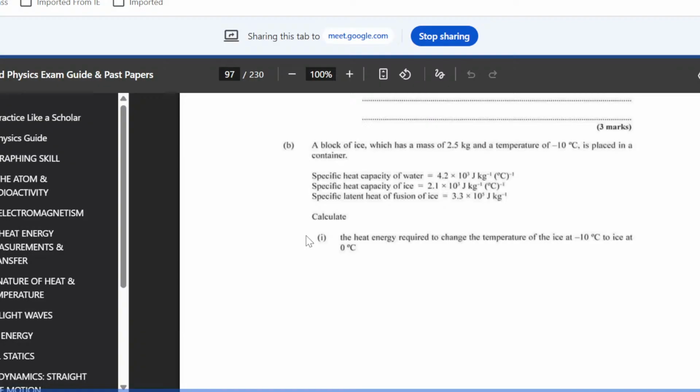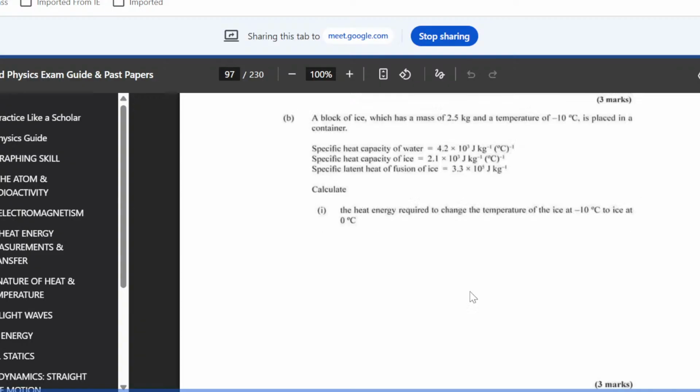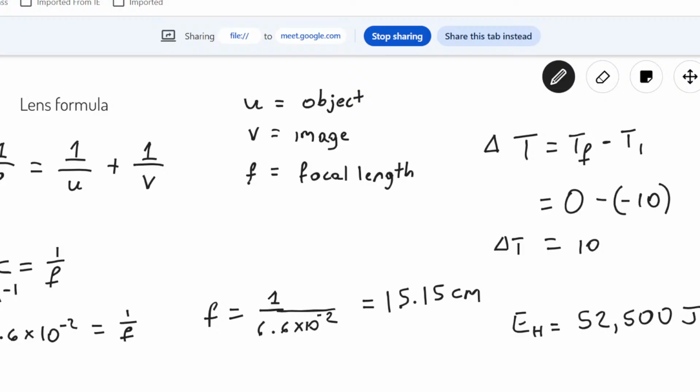So 2.5 times 3.3 times 10 to the 5. And that would give you, all right, what does that work out to?